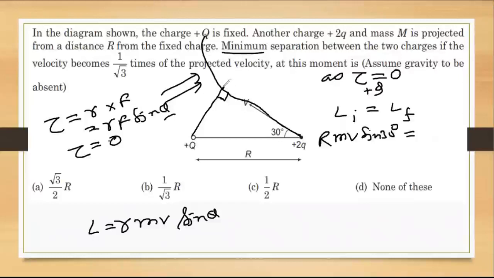So at this position, if the velocity is v dash, the angular momentum is r m v dash sine 90 degrees, and sine 90 is one only.